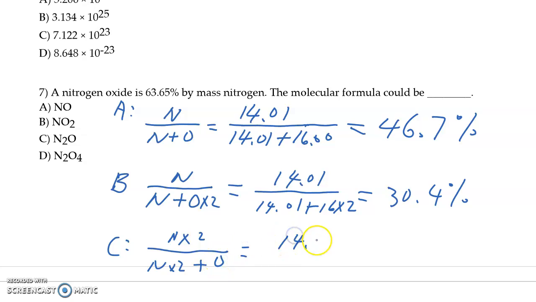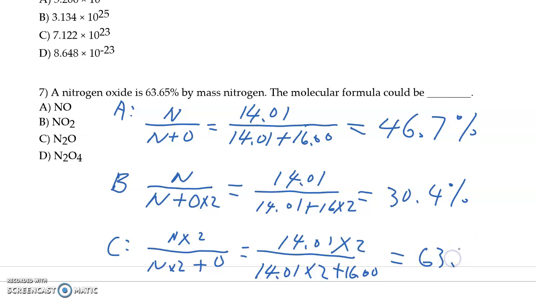So I will have 14.01 times 2 divided by 14.01 times 2, and then add the oxygen to it. I got 63.65, so around 63.7%. Okay, so it matches with this one, so here is the answer.